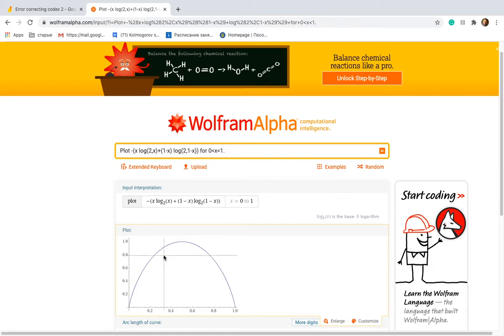It has an axis of symmetry, this one, and the maximal value is 1. It is attained where x is 1/2.